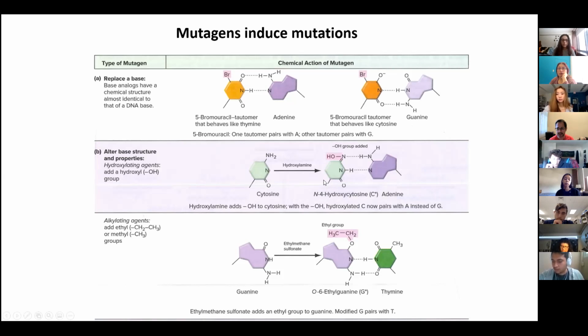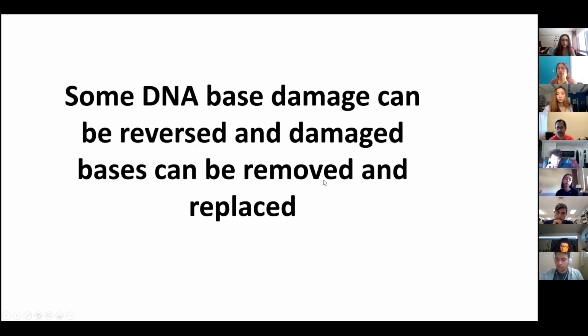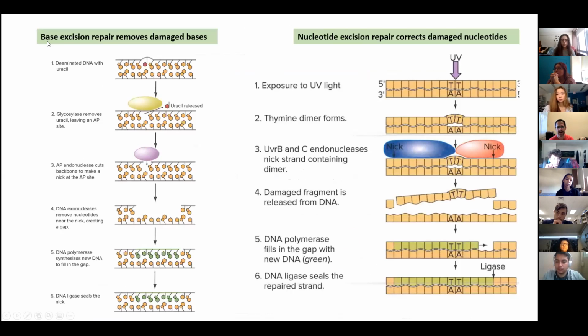I'm not going to go into detail on that, but DNA damage can be reversed, and the damaged bases can be removed and replaced by basically two mechanisms: base excision repair and nucleotide excision repair. Here, as an example, this red nucleotide has been deaminated, and then it will be released.